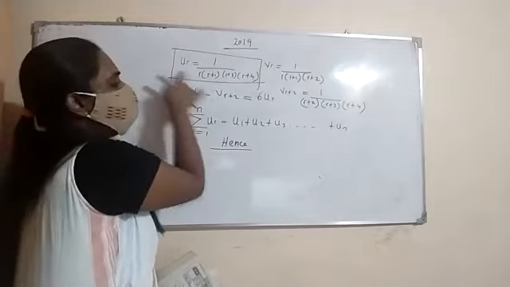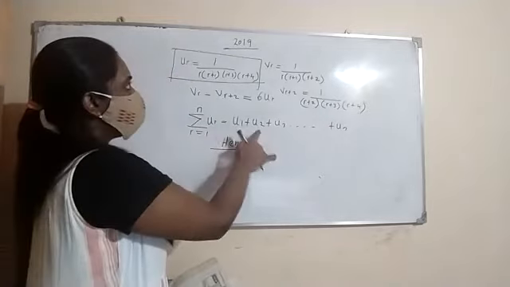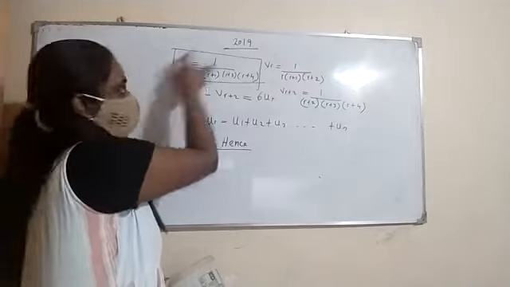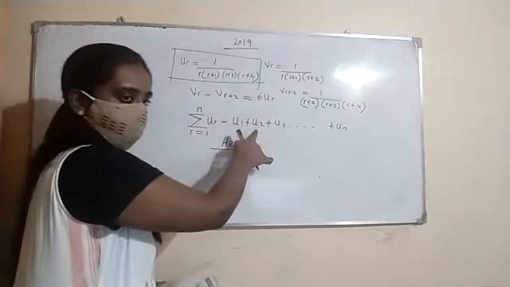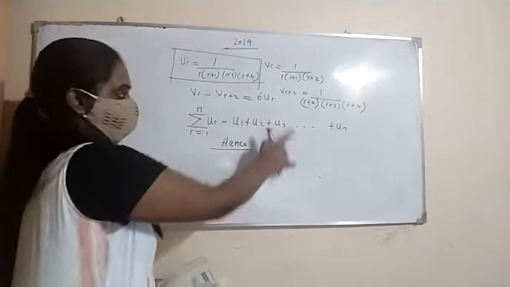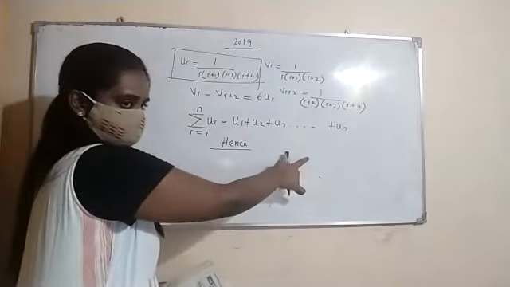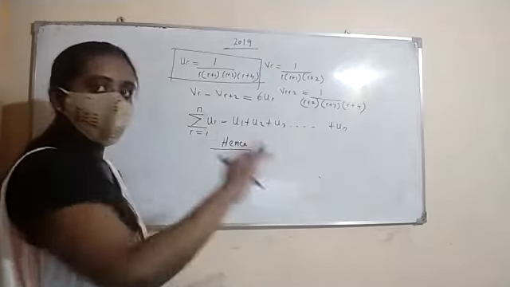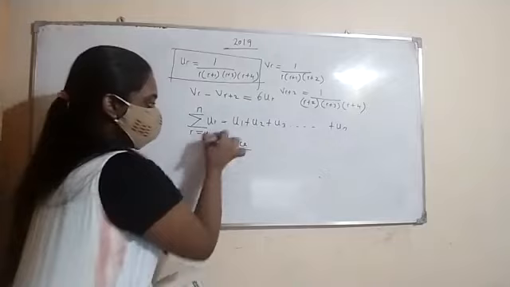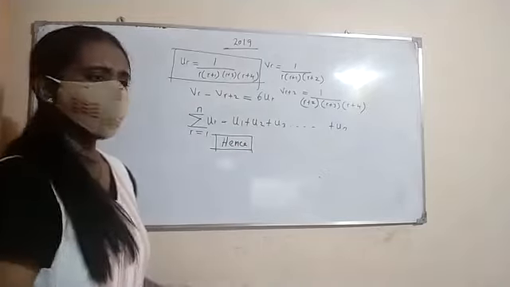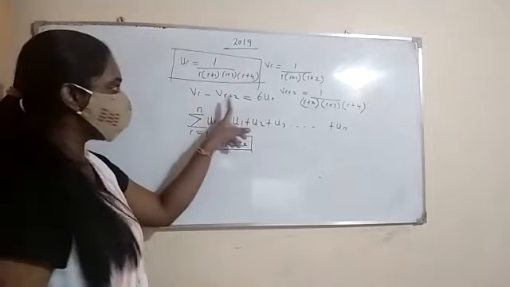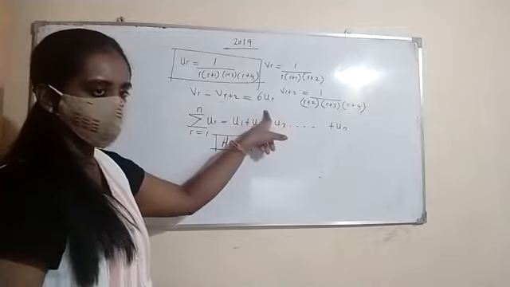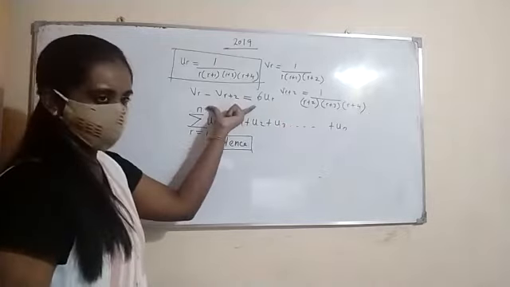If you know UR, you can write U1 for R equal to 1, U2 for R equal to 2, U3 for R equal to 3, and add all these things. But they didn't expect this method. Then why did they ask to show VR minus VR plus 2 is equal to 6UR? Then you should use this, isn't it?